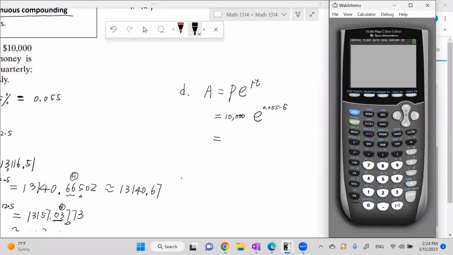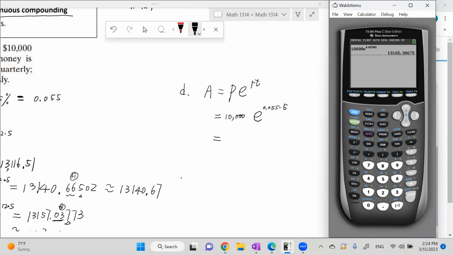Then put them into the calculator. Let's clear the screen. 10,000 multiplied by e. Where is the e? You click second, and then you see ln. Okay, click ln, and then put the power there: 0.055 multiplied by 5. Move the cursor, hit enter.